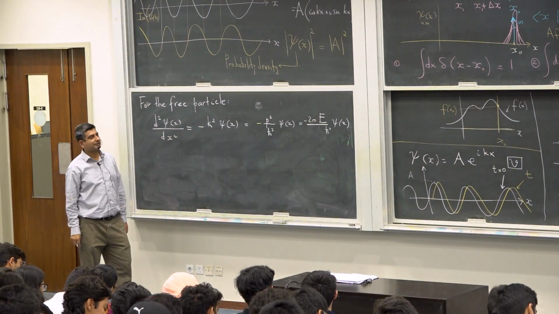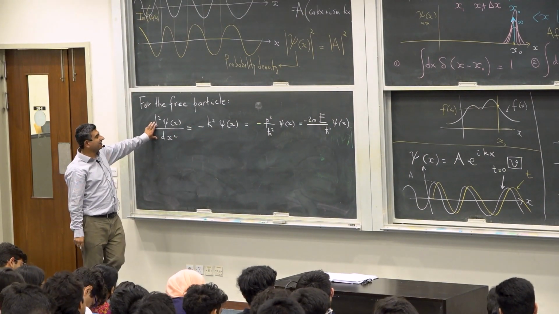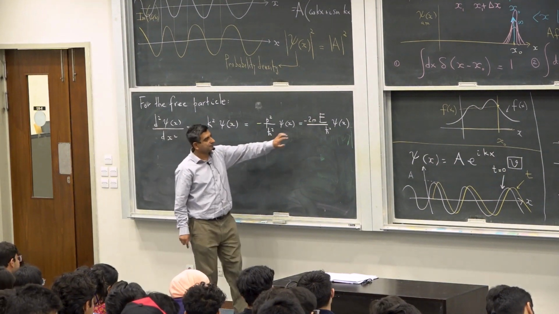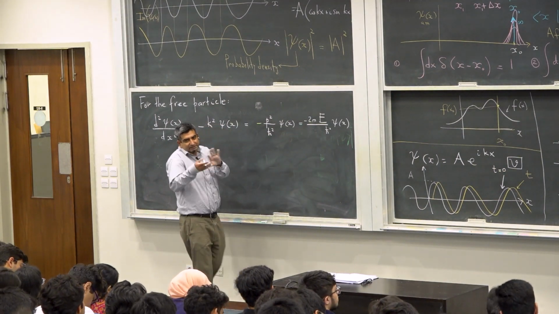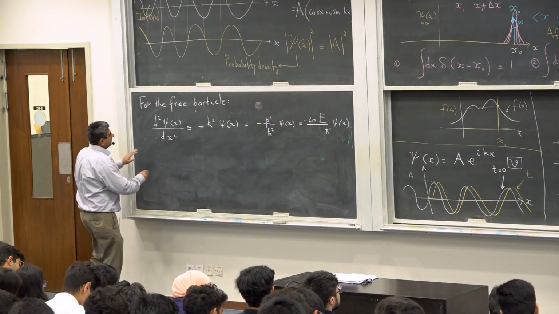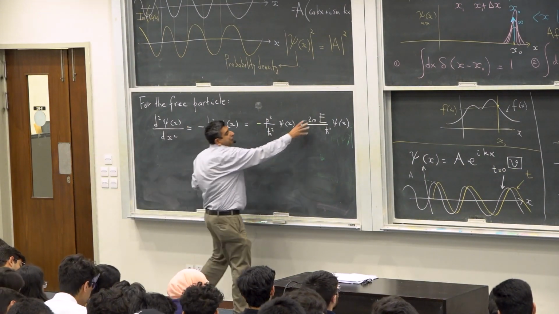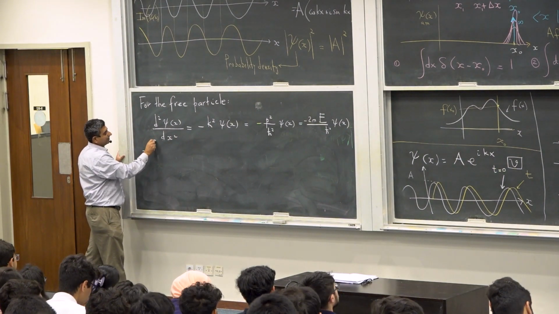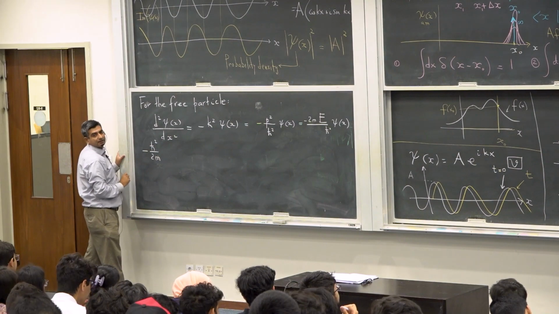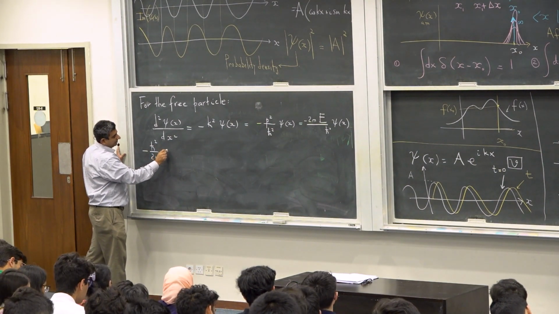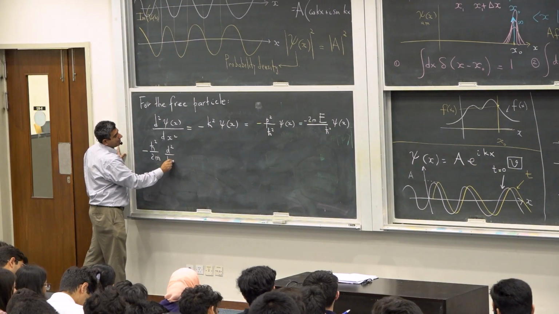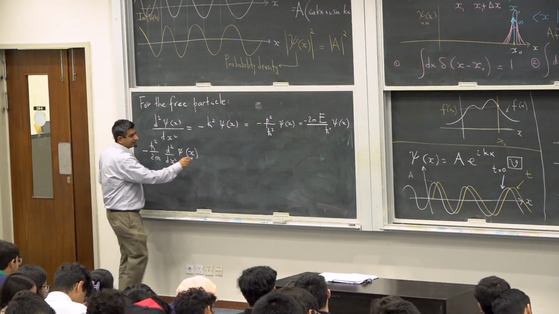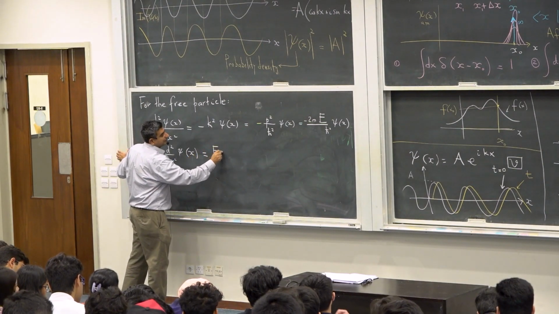Now this thing, the second derivative of the wave function, equals this. I just reshuffled the variables a little bit. Take this 2m over h bar square to the other side: minus h bar square over 2m times the second derivative of the wave function in space equals E times the wave function.